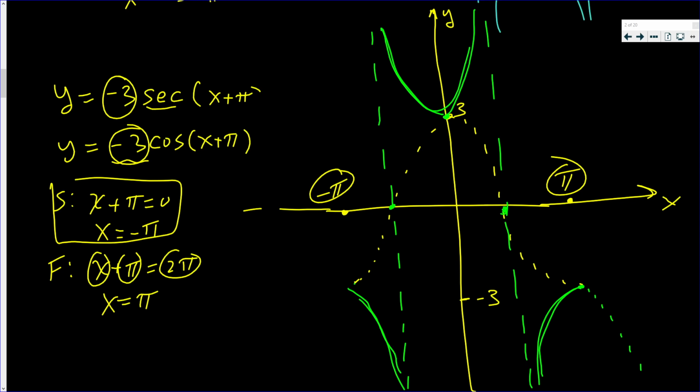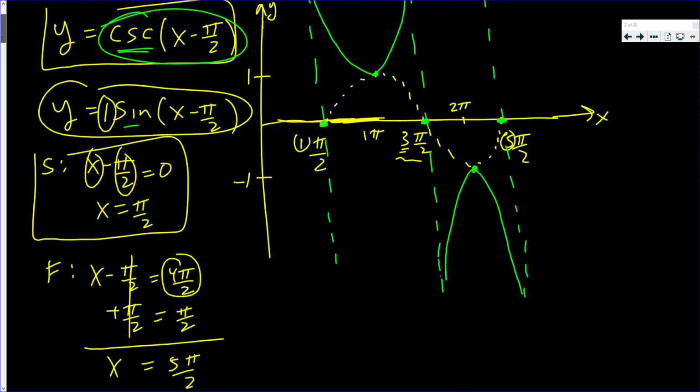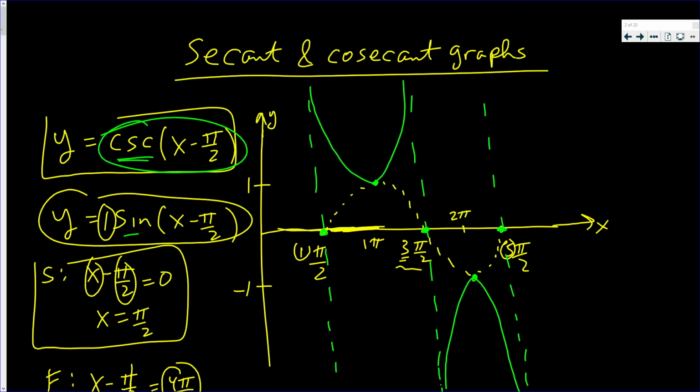Now, want to see something? I guess we haven't done this. Our amplitude, phase shift, and period. Well, these graphs go up forever. They even go down forever. So we never talk about the amplitude. The phase shift is where it starts. The period is the finish minus the start.